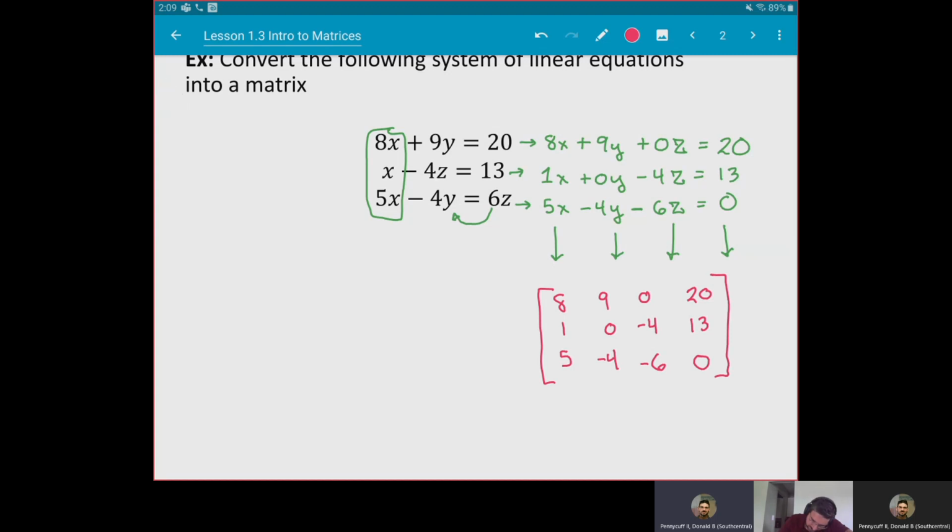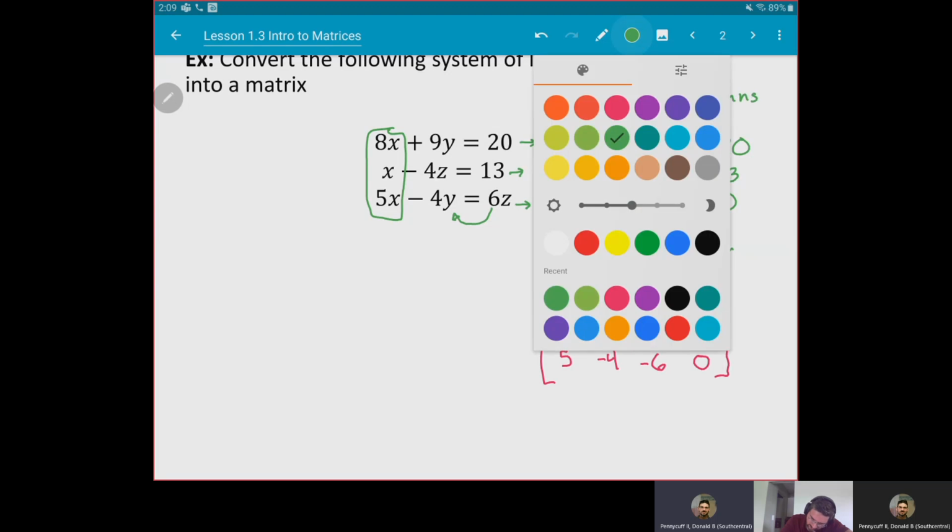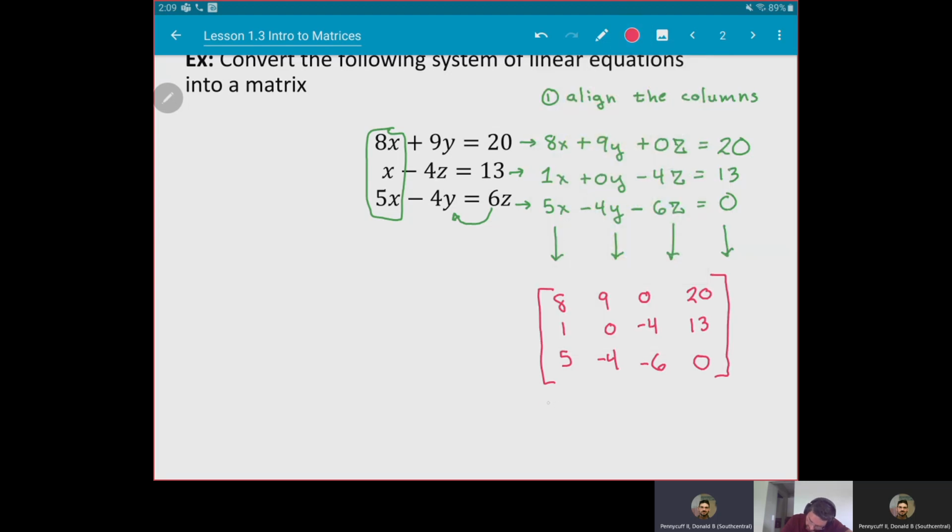So step 1, align the columns. Step 2, convert into a matrix.